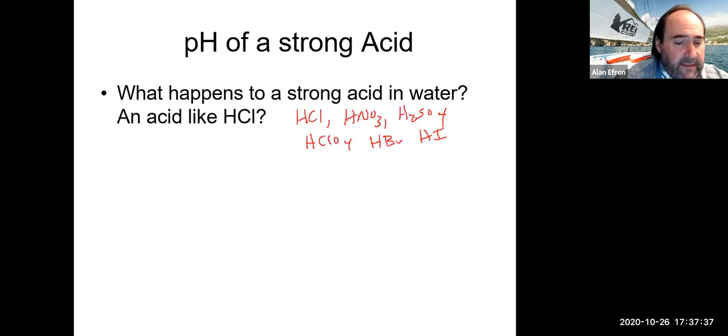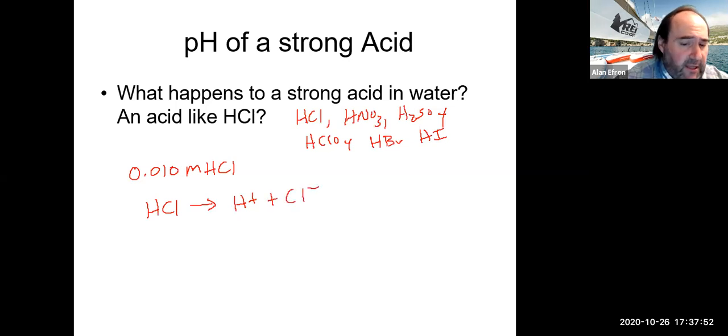if you had something like 0.01 molar HCl, when you have that HCl in solution, it's going to 100% break apart into ions. Again, it's a strong acid, a strong electrolyte. So basically 100% of what you would have would be on this side.